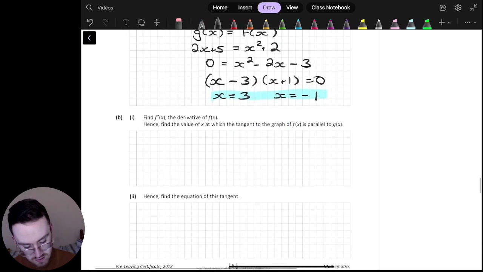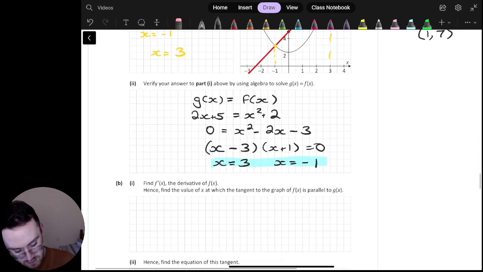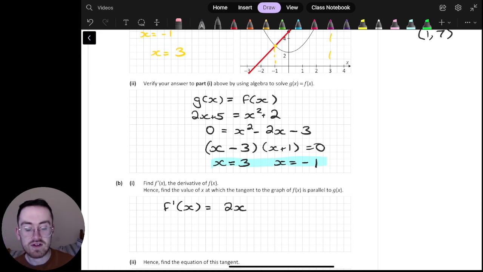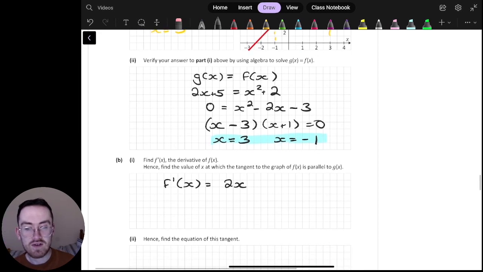Then find the derivative. So find the derivative of f of x. So f dash x is going to be 2x. Okay, fairly simple. Find the value of x at which the tangent to the graph is parallel to g of x. What does parallel mean? Parallel means same slope.